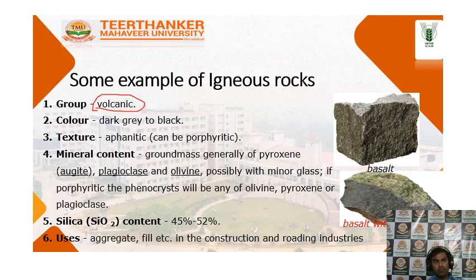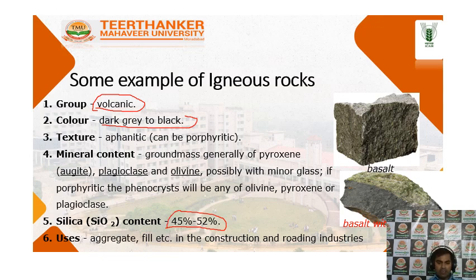It means it is cooled and solidified above the surface, not within the surface, and dark in color. The texture can be aphanitic, can be porphyritic in nature. As for mineral content, the groundmass is generally pyroxene-type minerals, and silica content is about 45 to 52%.